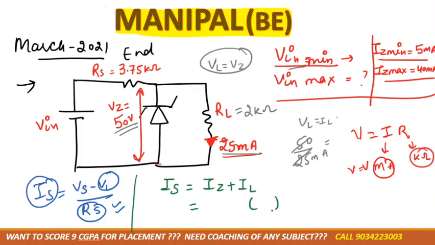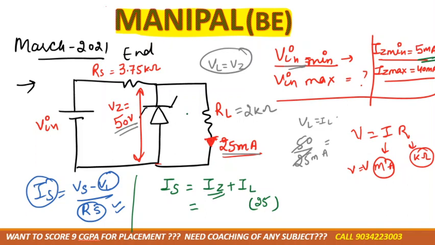IL you already know, 25 milliampere. IZ, if we take IZ minimum, then you will get IS maximum. Yes or no? Is it contradictory? No, sorry, if we take IZ maximum, then it will be IS maximum.